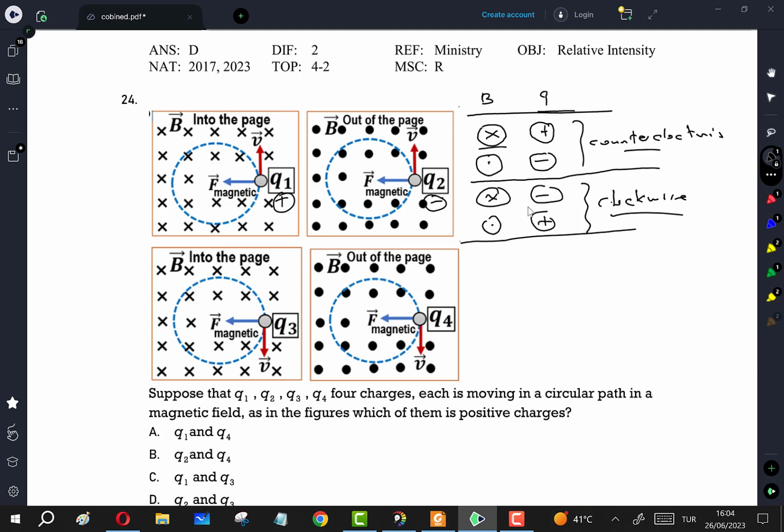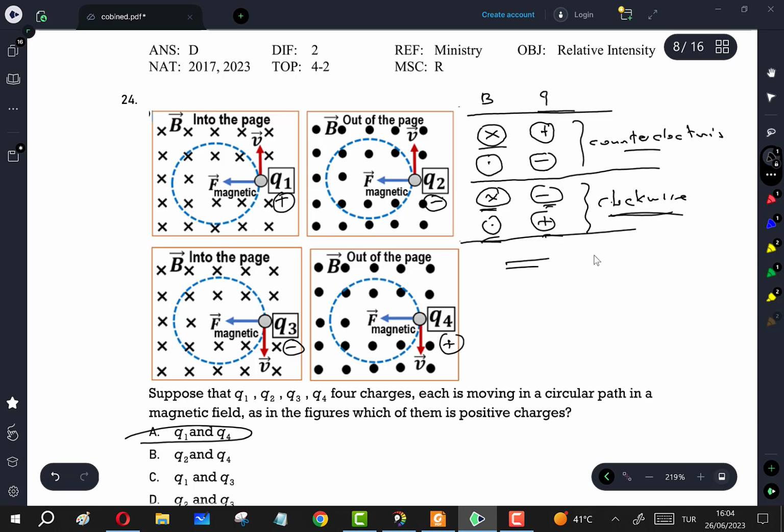Q3, clockwise, magnetic field is cross, charge must be negative. Q4, clockwise, magnetic field is dot, charge must be positive. So Q1 and Q4 seem to be positive according to this table. And this table is always correct.